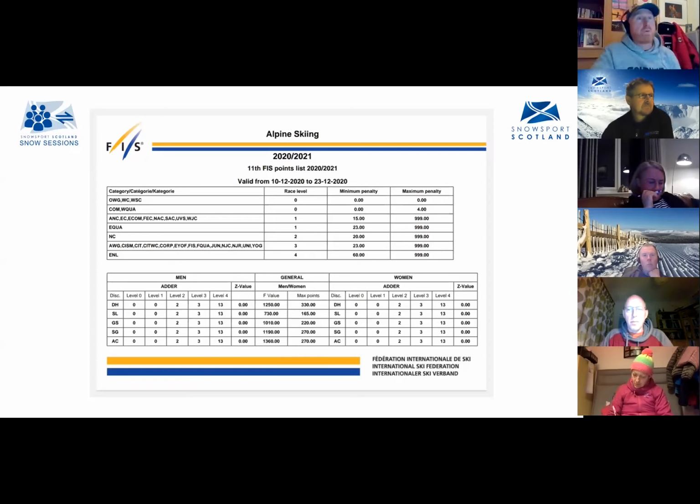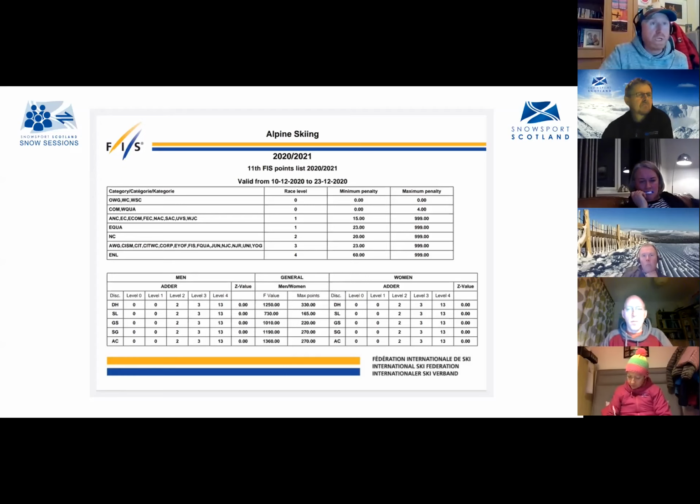One of the questions we got beforehand was, what's the difference in the levels? How do you go about scoring good points? How do you go about improving your points? In the top table, the third column is minimum penalty, and that's dependent on the level of race. The race level goes from 0 to 4, and the minimum penalty goes from 0 to 60.